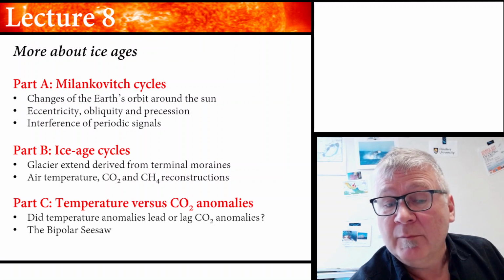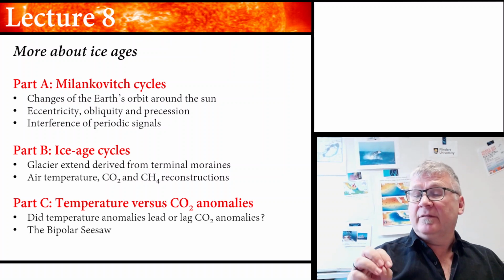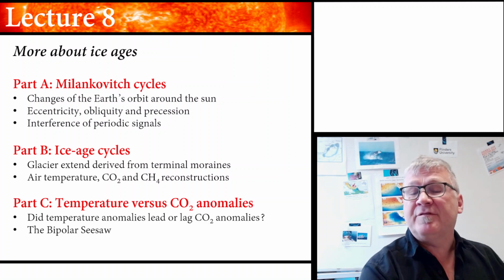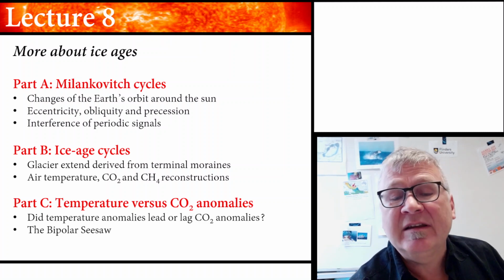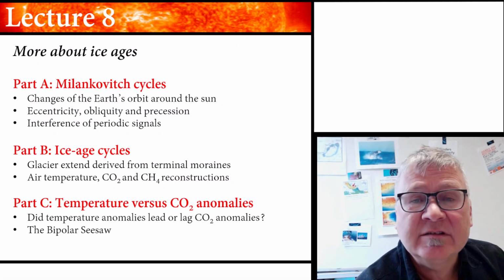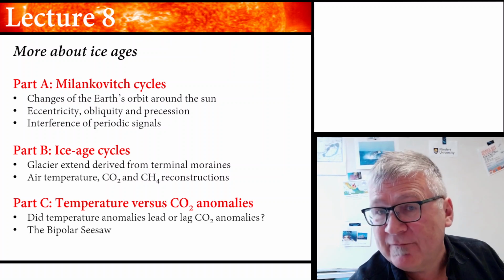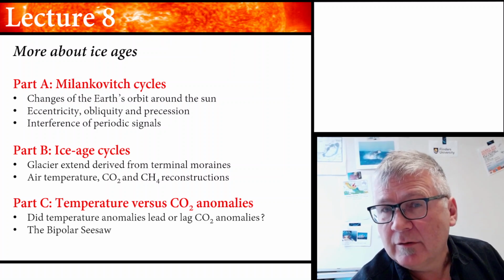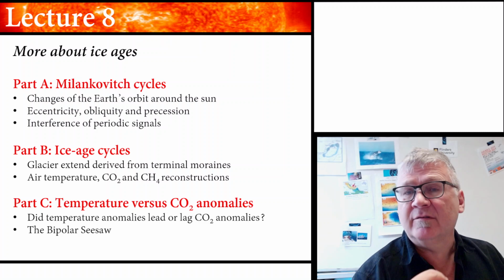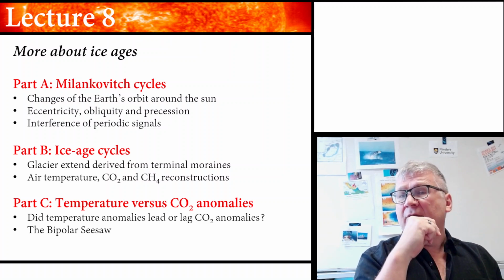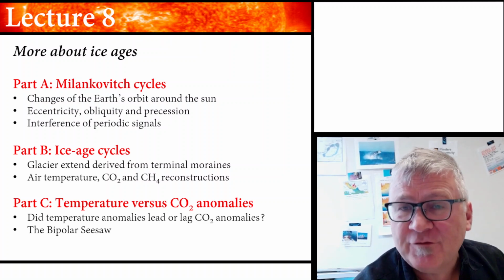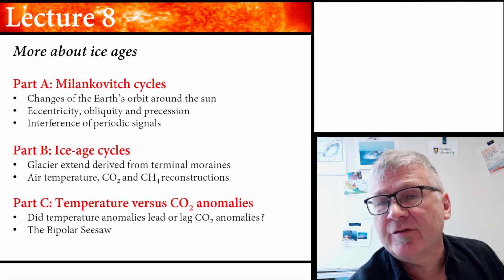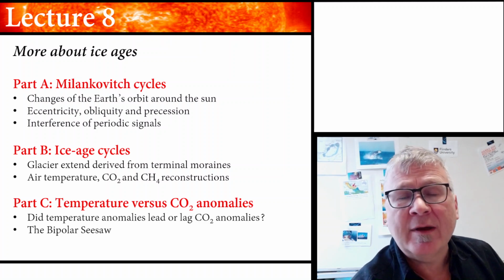Part C discusses whether temperature anomalies led or lagged CO2 anomalies. Which one came first? In the reconstructions, did you have an increase in CO2 first before the temperature changed, or the other way around?